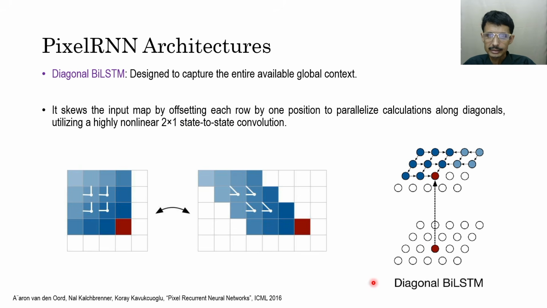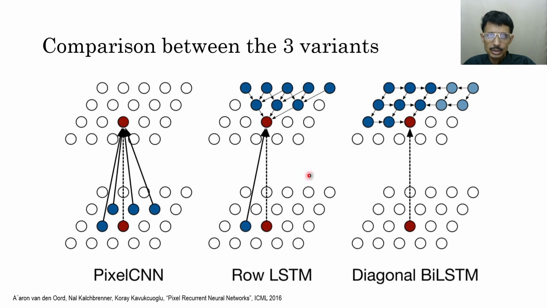So this is called Diagonal BiLSTM. Here you can see the comparison between the three variants: PixelCNN with masked convolution, Row LSTM where LSTM is used, and the Diagonal BiLSTM.